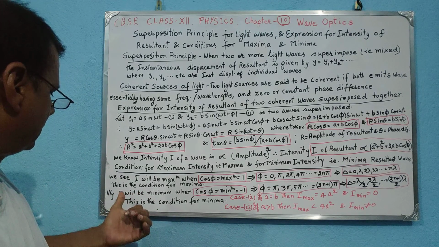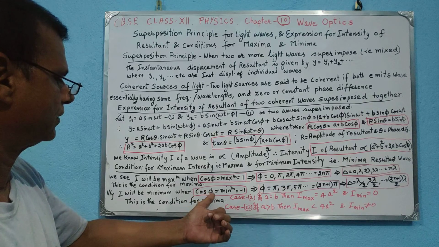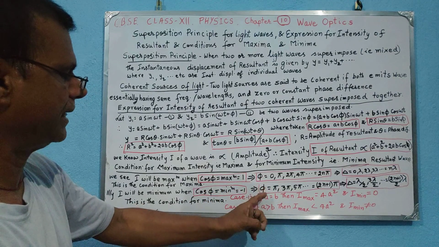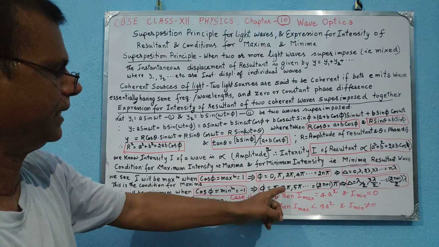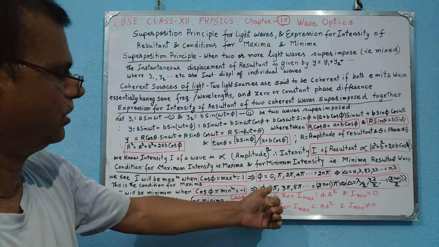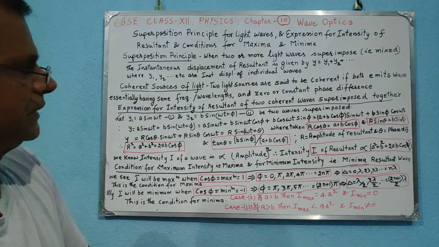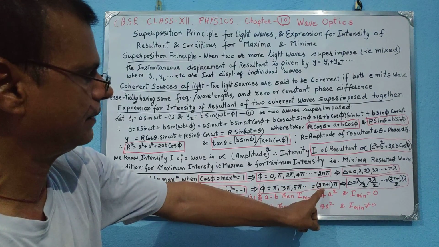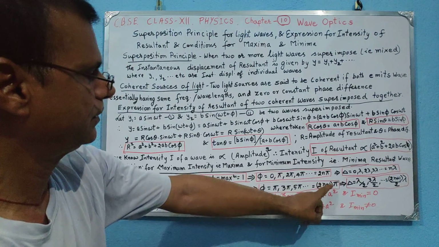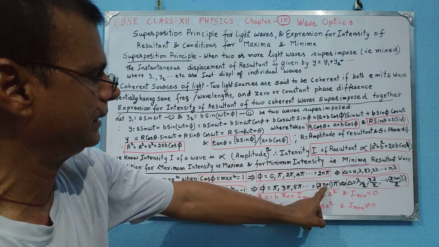And intensity will be minimum when the value of cos phi is minimum, that is -1. And for that, the corresponding phase difference would be pi, 3 pi, 5 pi, etc. That means an odd multiple of pi, and that can be represented in terms of an odd number. So 2n plus 1 represents an odd number, because n is an integer.